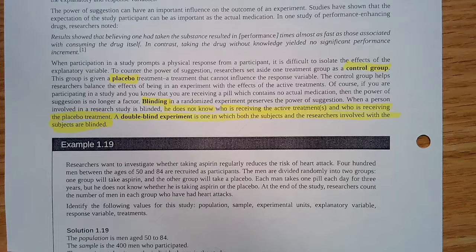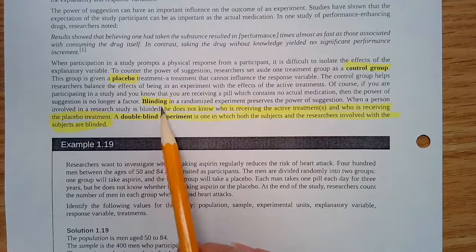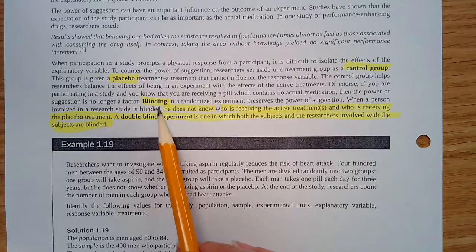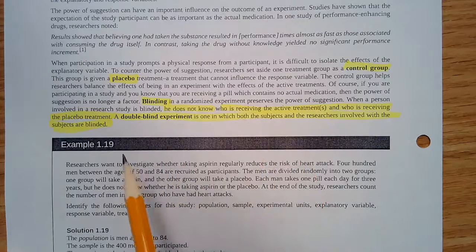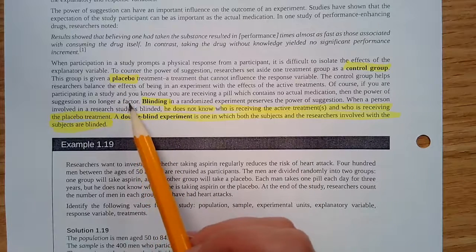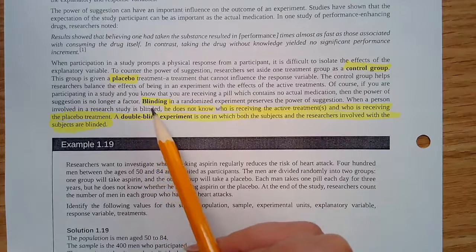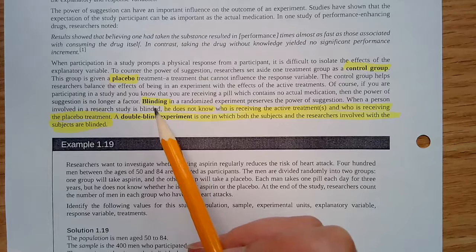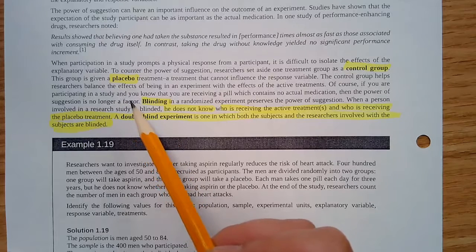So we do something called blinding, which randomly assigns which people get assigned to the active treatment and which ones get assigned to the control group who receive the placebo. If it's a blinding study, the people involved don't know if they're receiving a placebo or the treatment.